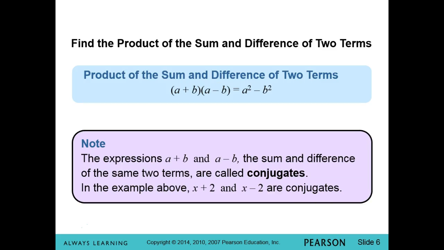The second objective in this section is finding the product of the sum and the difference of two terms. Now, they're not giving you this name yet, but I'm going to give it to you now because you're going to run into it in the future. Anytime you have the sum and the difference of the same two entities, whatever they are, those are called conjugates of each other.